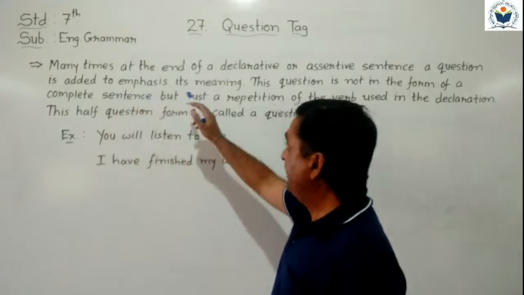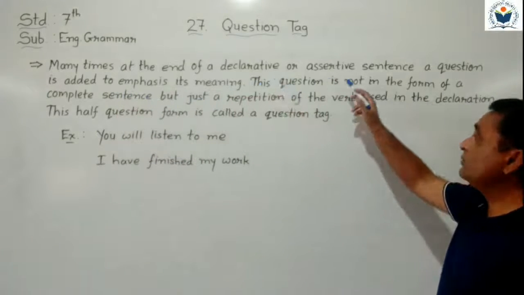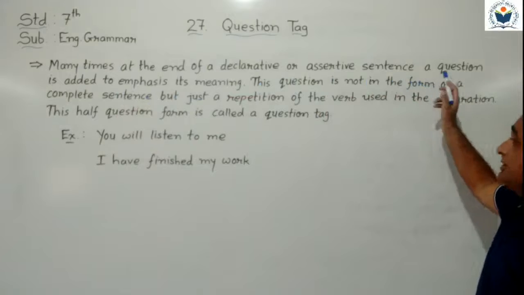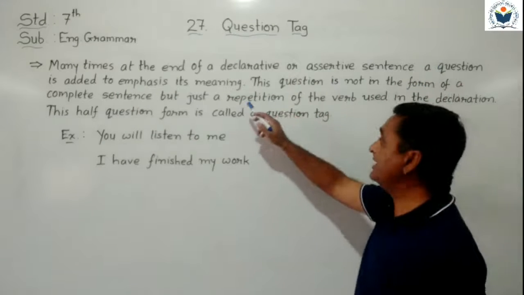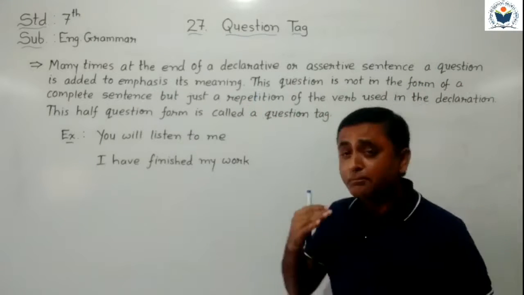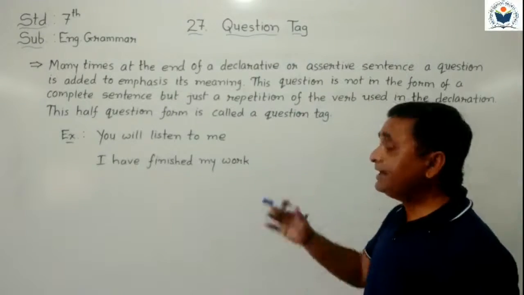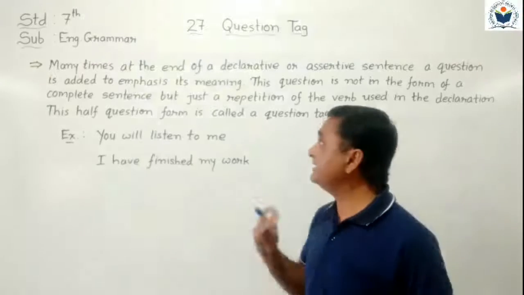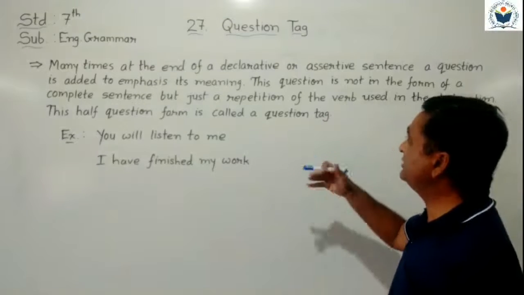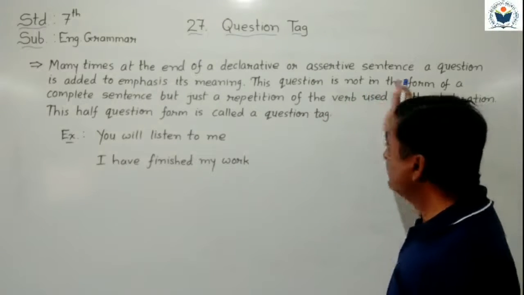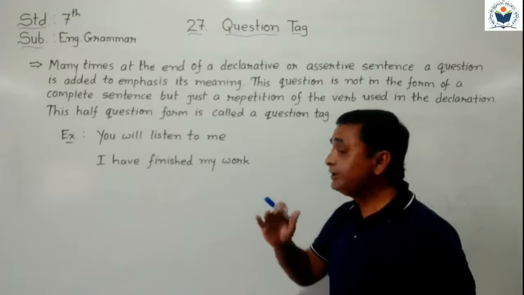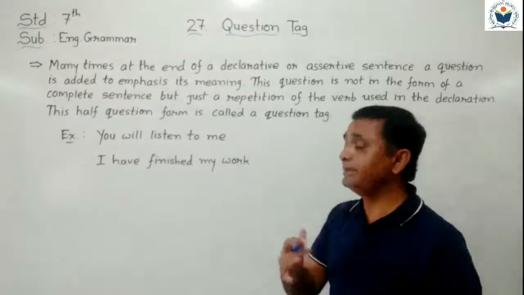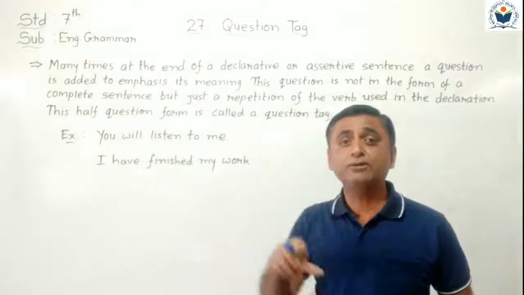Many times at the end of a declarative or assertive sentence, a question is added to emphasize its meaning. At the end of both types of sentences, declarative as well as assertive, we put a little question to stress the meaning.